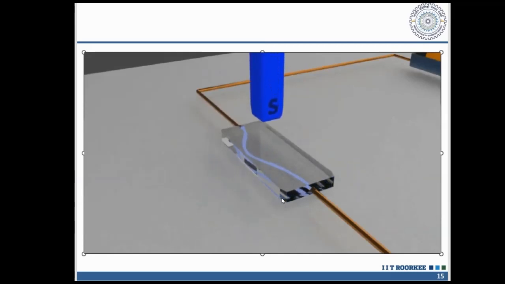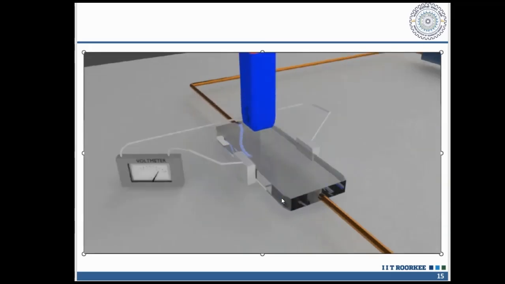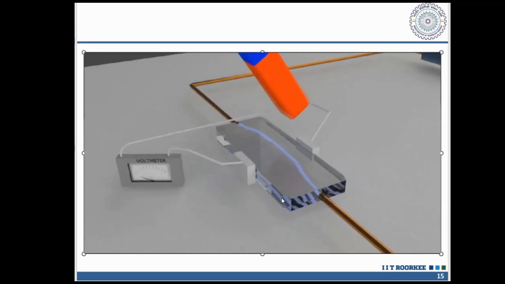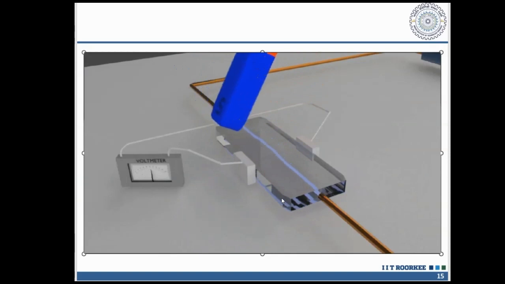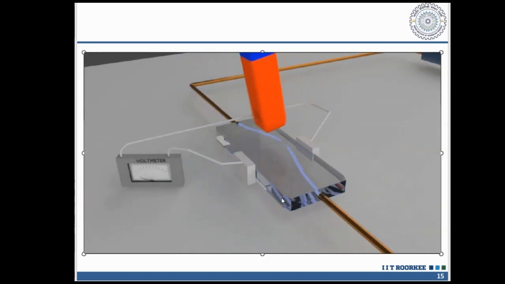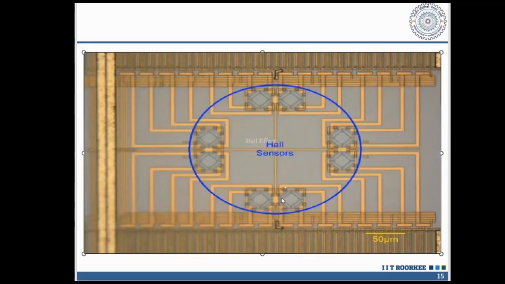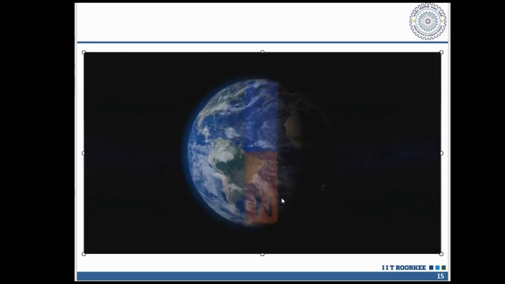And because of the uneven distribution of charge, if we connect a voltmeter to the conductor, voltage can be observed. And by observing the characteristics of the voltage, such as its magnitude and whether it is positive or negative, the strength and direction of the magnetic field can be determined. Hall effect sensors designed and modified especially to measure Earth's magnetic field are known as magnetometers.